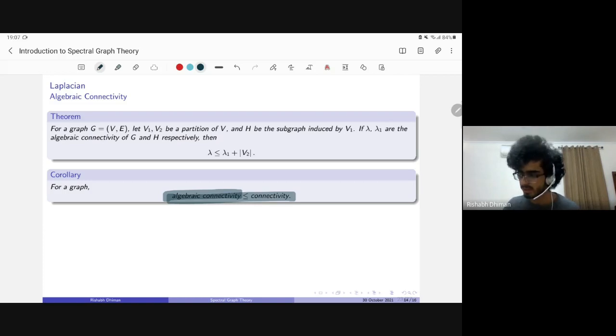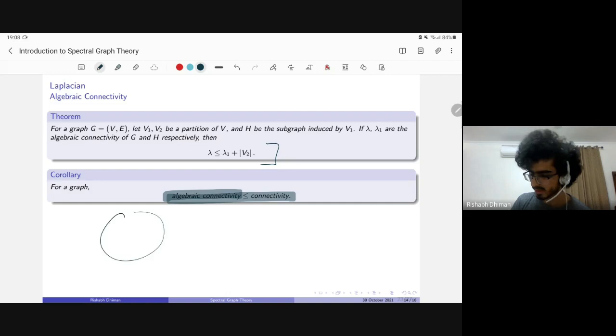To do that, you'll prove this theorem instead. First, I'll just describe the theorem. So say you have some graph G. You divide the vertices into two halves, say V1 and V2.